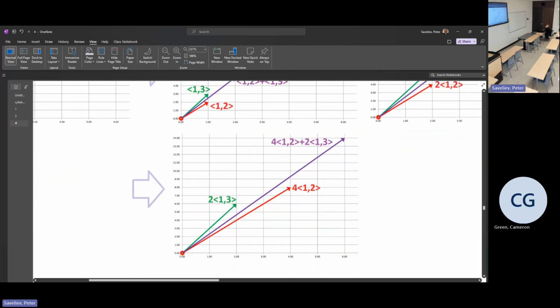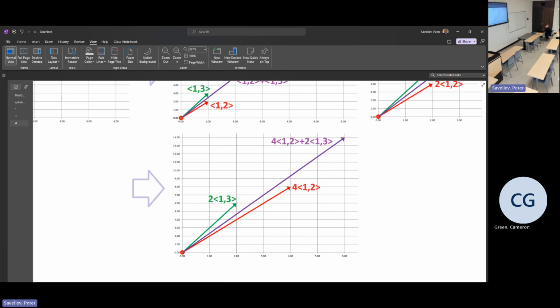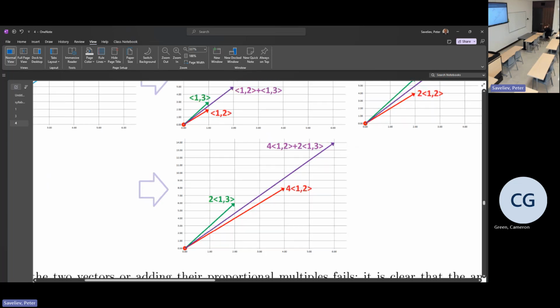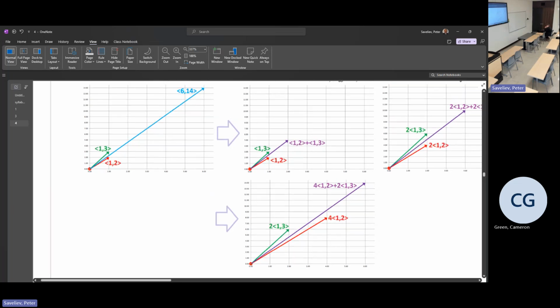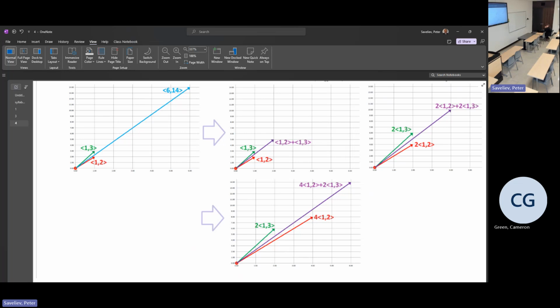So with trial and error, literally, you can carry it out, and the weight 4 for the first vector and 2 for the second does produce (6, 14). Just trial and error, moving them up and down a little bit. It turns out that to get the right direction, the first one has to have twice the weight of the second.